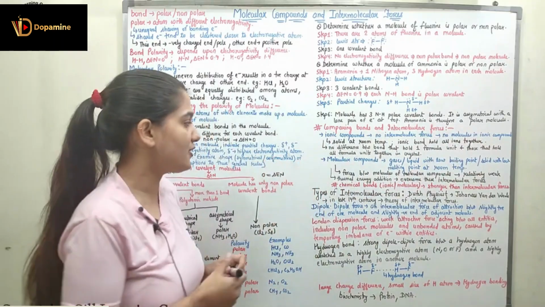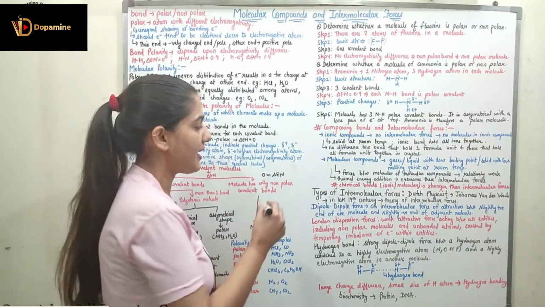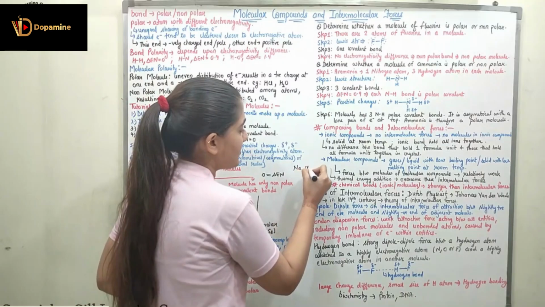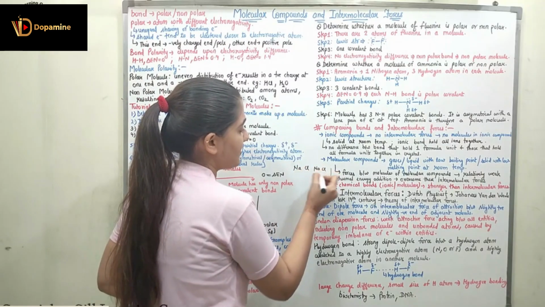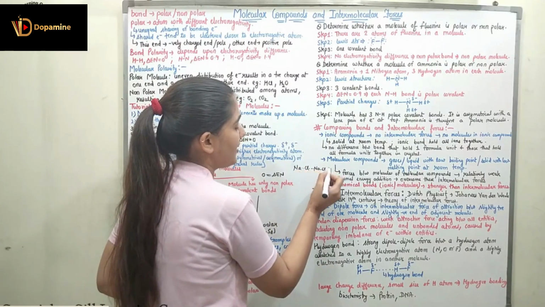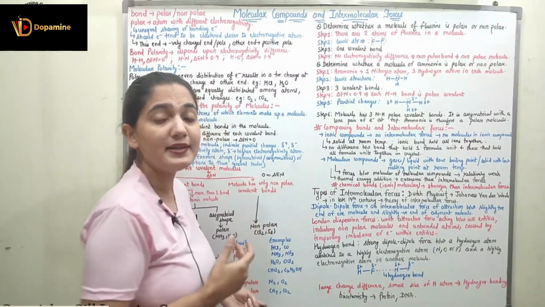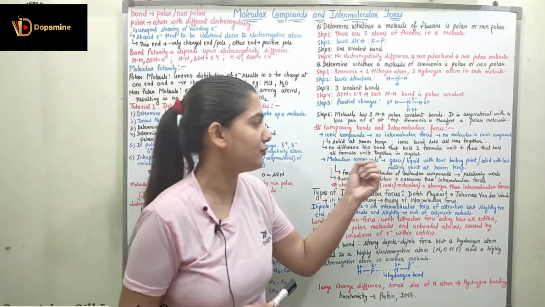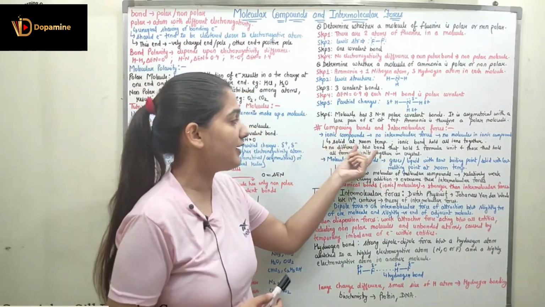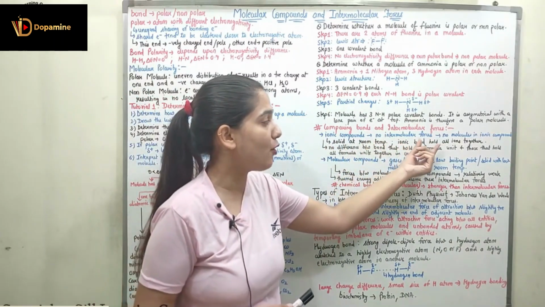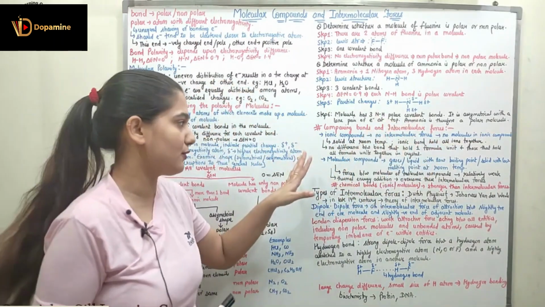If I talk about an ionic compound like NaCl, Na would be there, Cl would be there, and all of them are connected with the ionic bond. So here we do not have any kind of molecules, right? They are solid at room temperature and the ionic bond is holding all of the ions together.